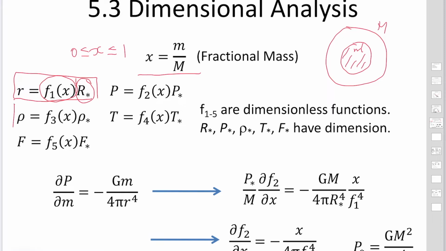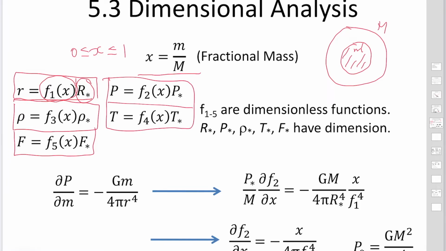Also rho is a dimensionless f sub 3 times rho star, and pressure and temperature are also dimensionless functions times a dimensional P star, and the temperature is a dimensionless function f sub 4 times T star.